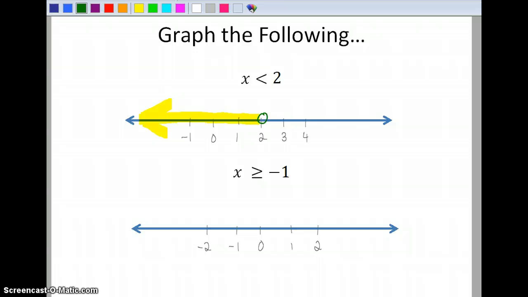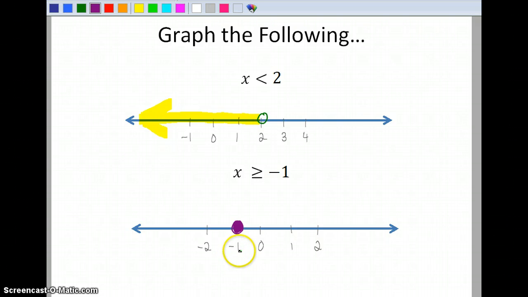Now let's look at the next one. X is greater than or equal to negative 1. Negative 1 is my key point. I'm going to have a circle at -1. This greater than or equal to sign tells me that it needs to be filled in. Now I'm going to ask myself a question to see how to shade it. Okay, is -2 greater than -1?